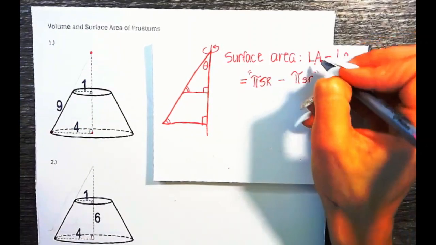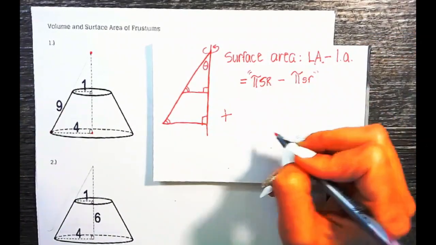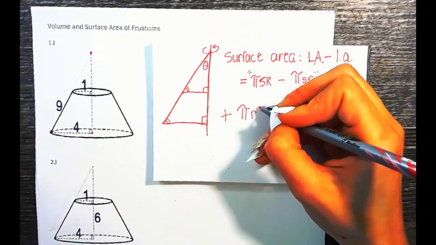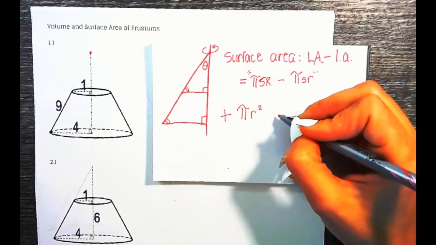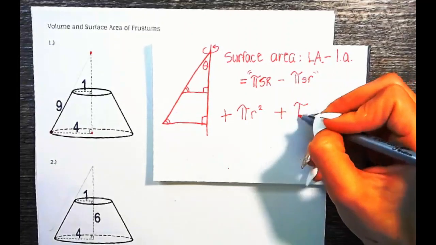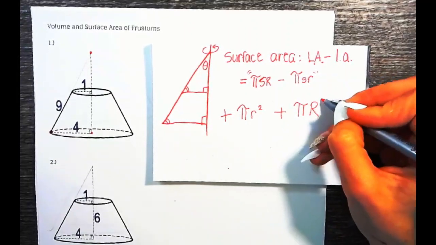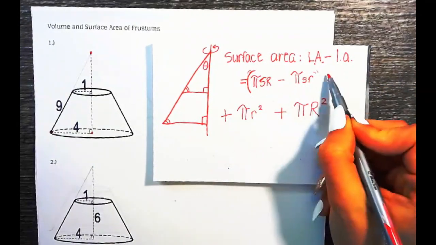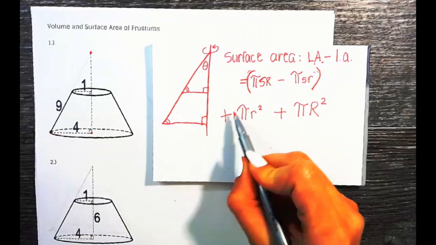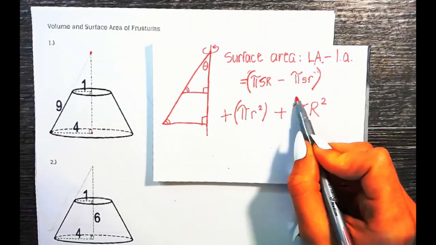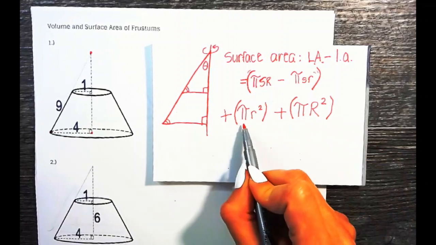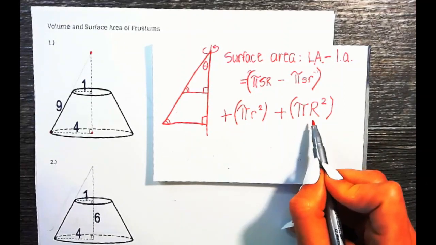So we have this plus the top circle, which is pi r squared, plus the bottom circle, which is pi r squared. So it's this plus each of these. Lampshade portion, top circle, bottom circle.